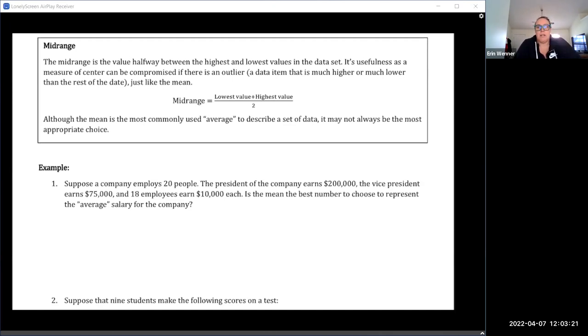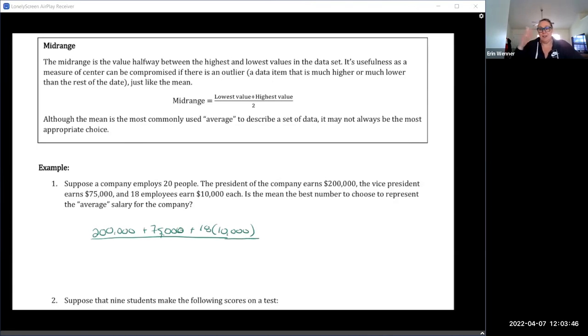So I don't want to waste your time by listing out 18 10,000 values, right? So if we think about finding the mean, our numerator is going to be 200,000 plus 75,000 plus 18 times 10,000, because we have 18 of those values.